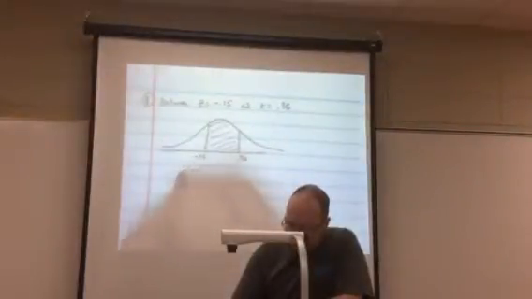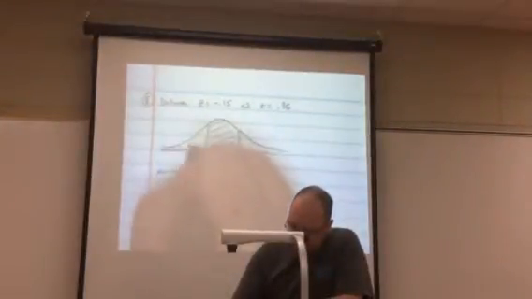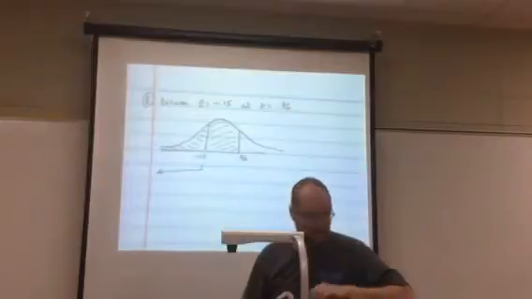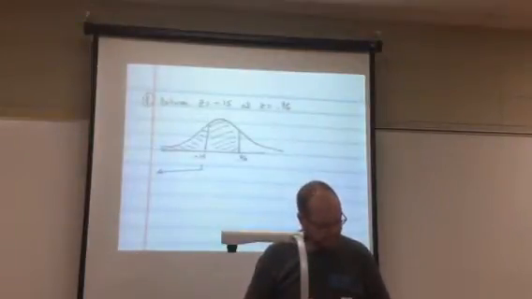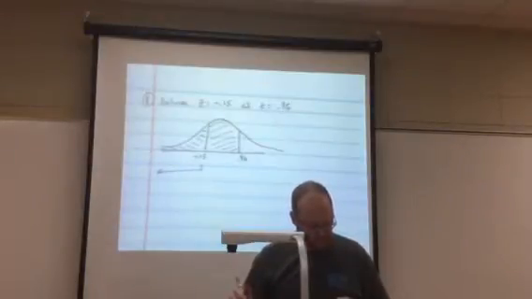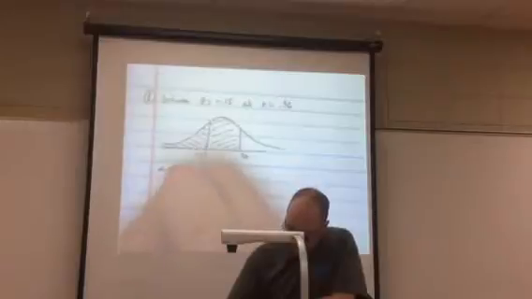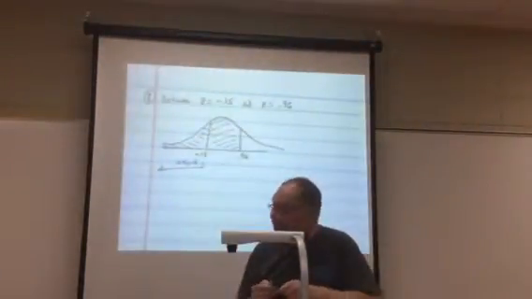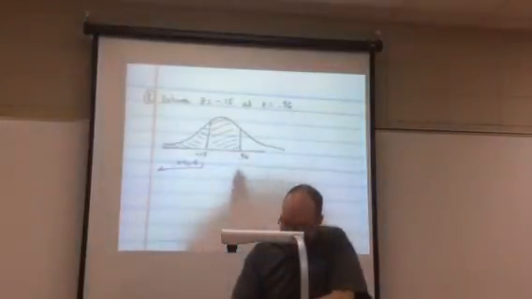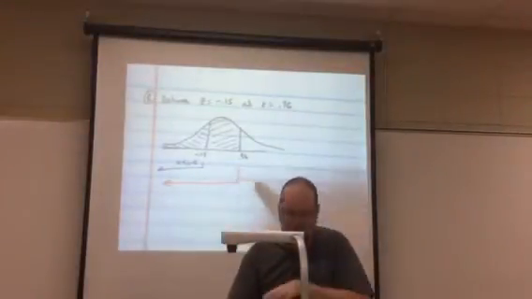So let me look up each of these areas. Let me look up the area to the left of negative 0.15. Negative 0.15, that area is 0.4404. Let me also look up the area to the left of positive 0.96.